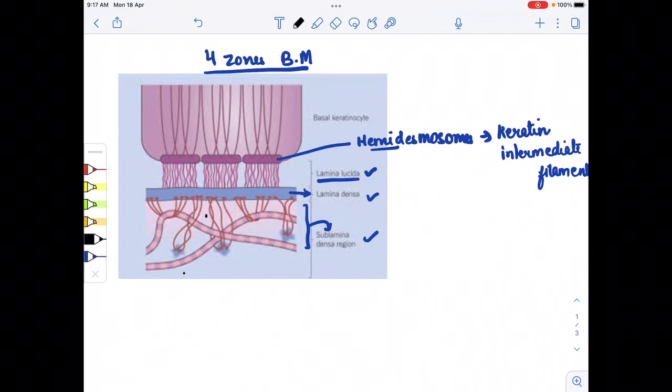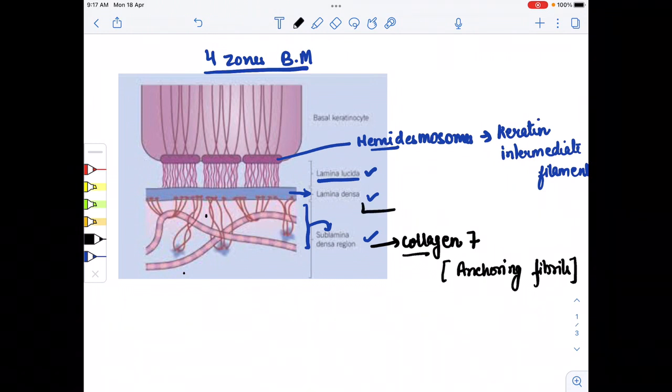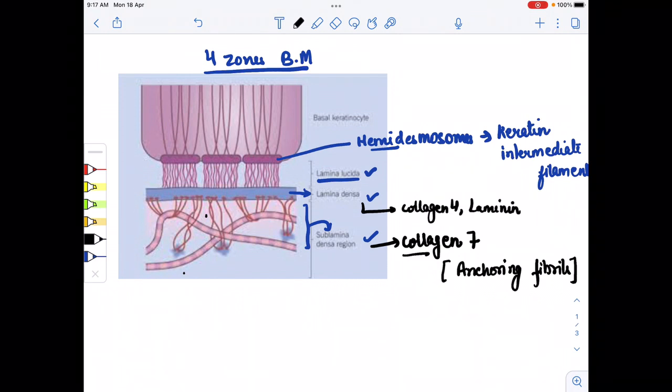Please remember, in the sublamina densa we have collagen 7 protein, also known as anchoring fibrils. These are all the proteins against which an immune complex will form. In the lamina densa we have collagen 4 and laminin, while in the lamina lucida we have BPAG2 and laminin.